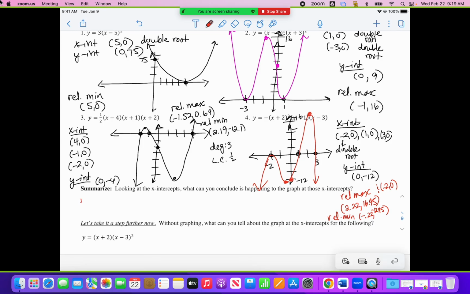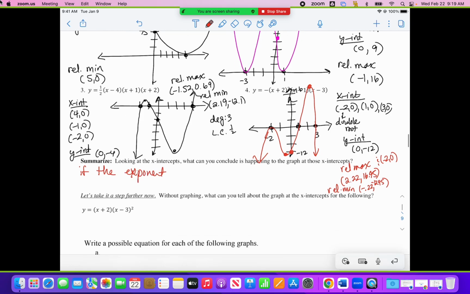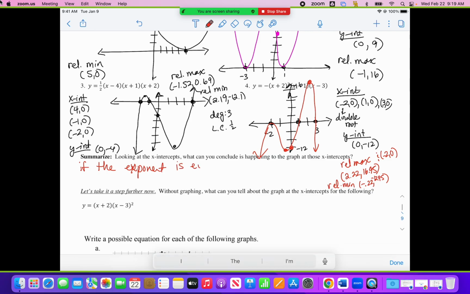All right, if the exponent is even, the graph bounces off the x-axis.